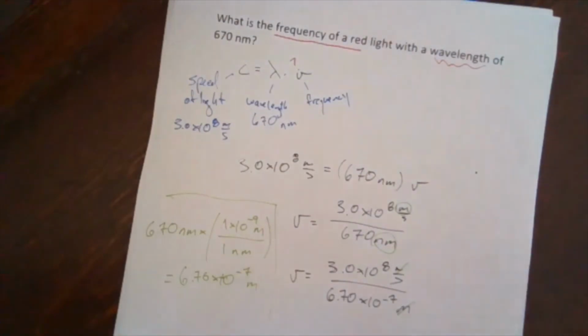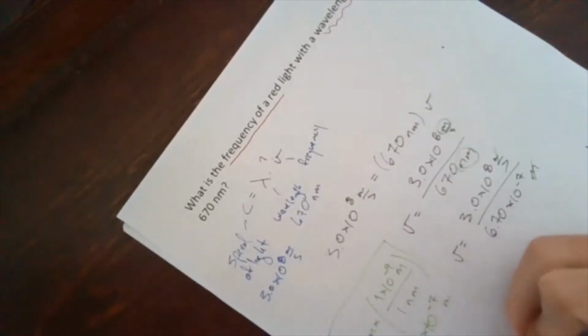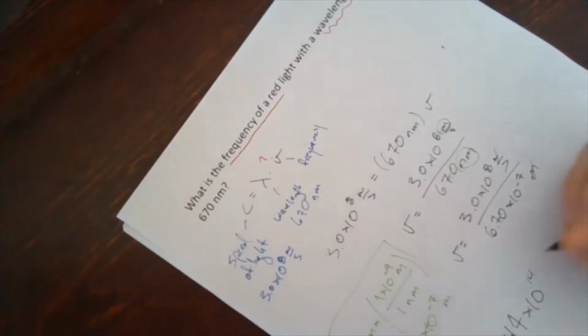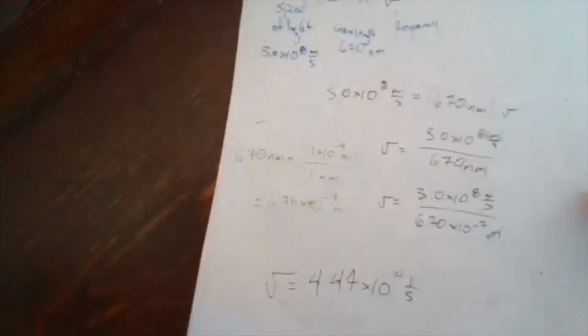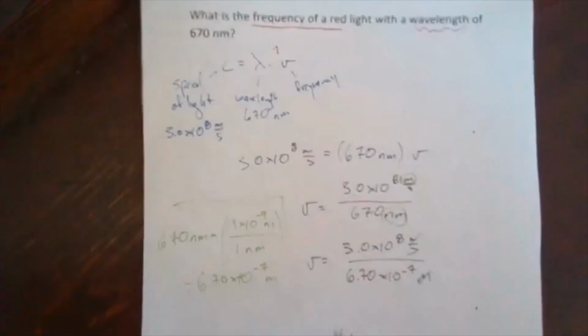And if I do my arithmetic, I end up getting an answer. Nu is equal to 4.47 times 10 to the 14th 1/seconds.